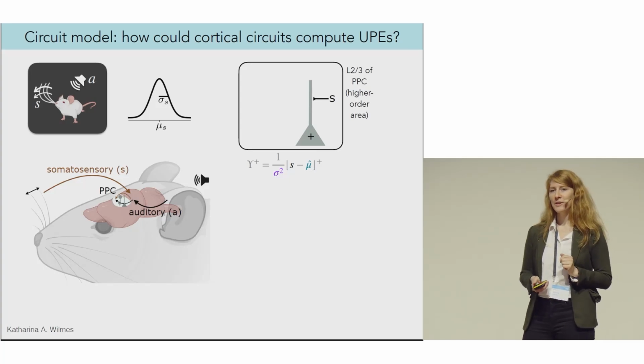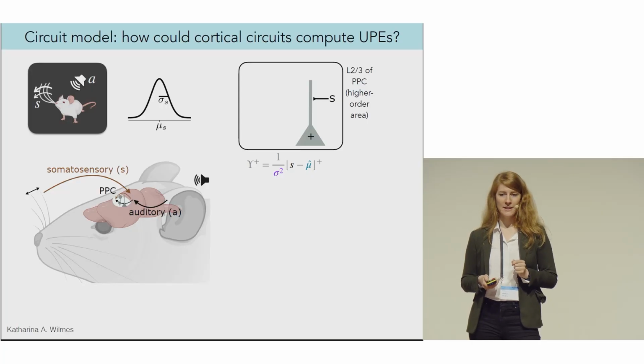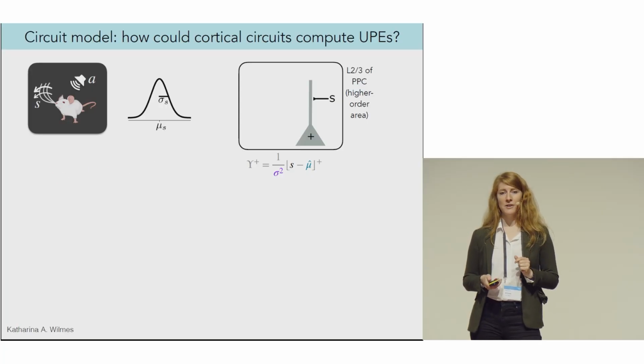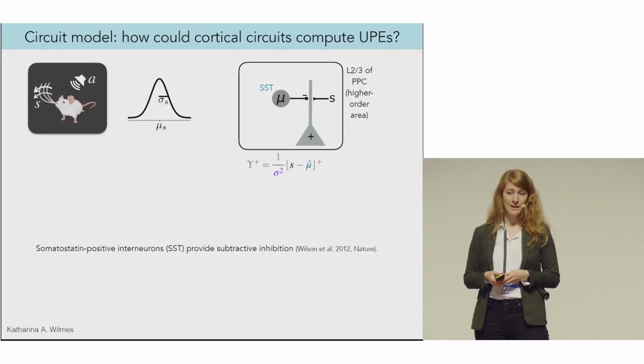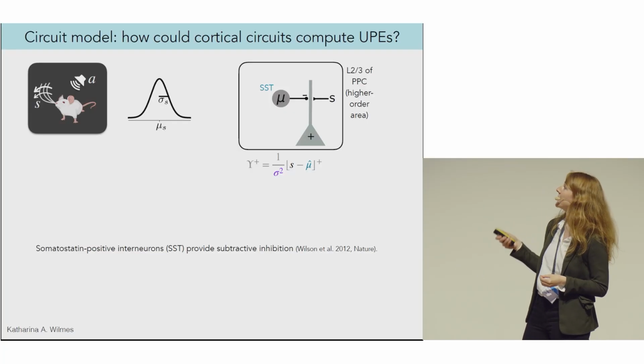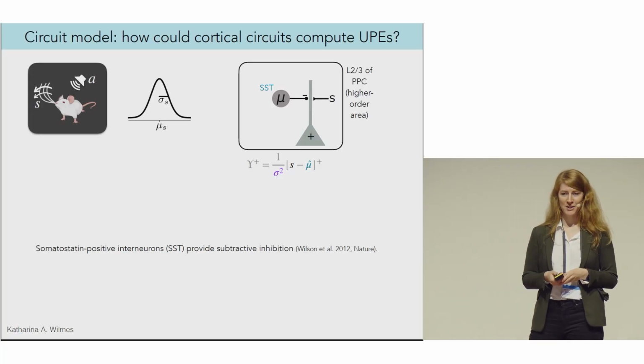And as I just told you, there are interneurons in these circuits that provide inhibition to these cells. And there are also interneurons that provide so-called subtractive inhibition. So they could do the subtraction, and it has been shown in the study by Wilson et al. that the so-called somatostatin positive interneurons provide subtractive inhibition, and we call them SST in brief.